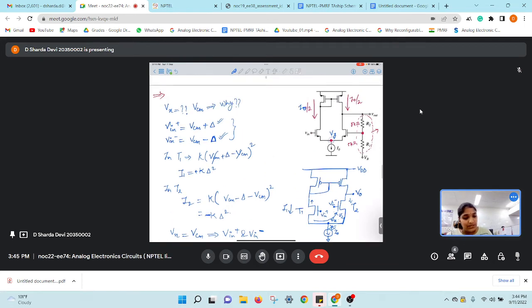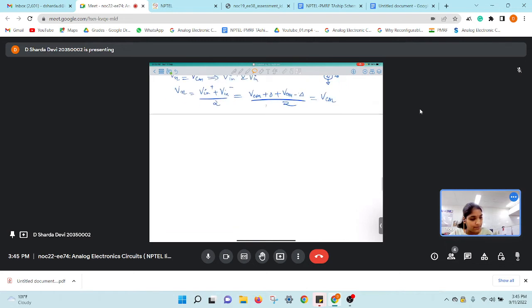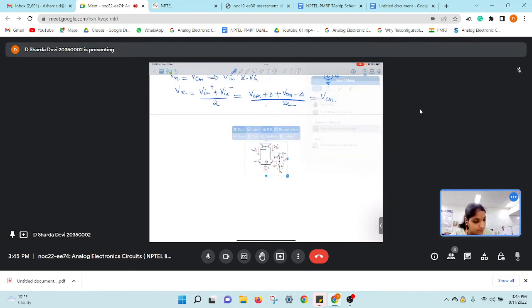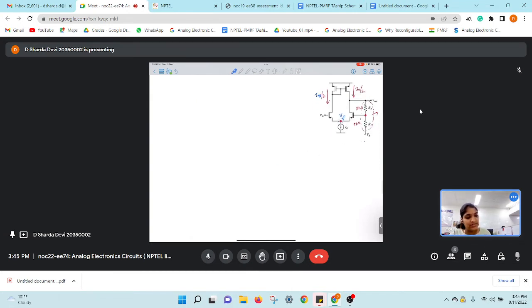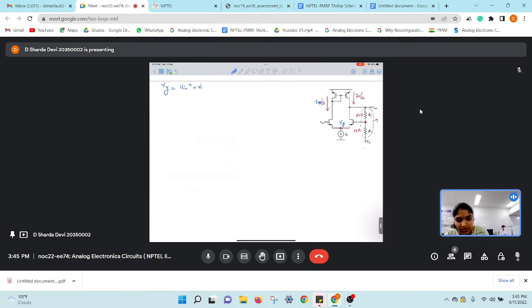So in this particular circuit, what should be my Vy? It should be Vn plus plus Vn minus by 2, similar to the earlier case.